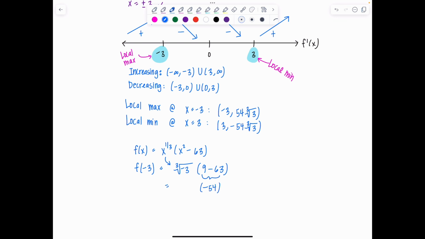And then I can break up this cube root of -3 into cube root of -1 times cube root of 3. And then cube root of -1 times -54, cube root of -1 is just -1. So that's how I get that +54, okay? And then you still have cube root of 3. And then the other one is very similar. Okay, good? You're all right?